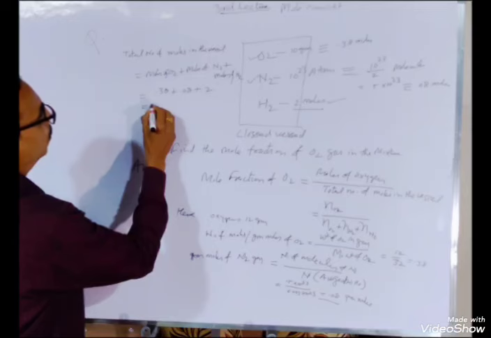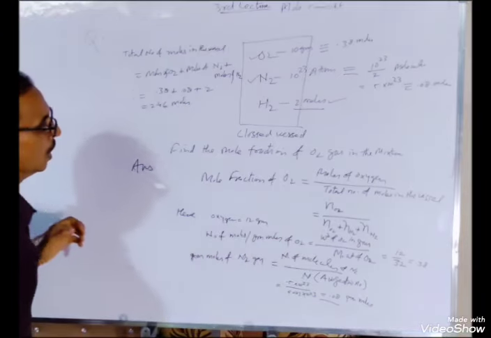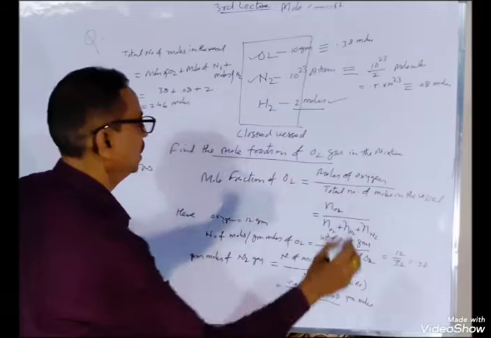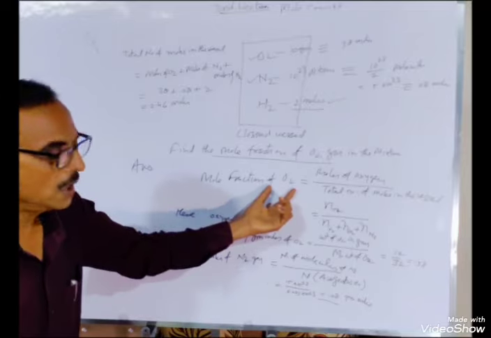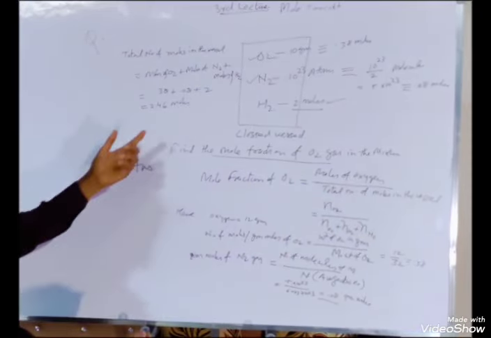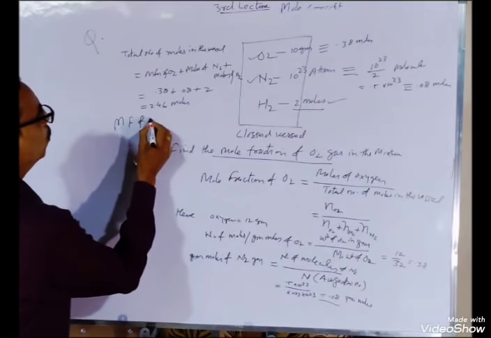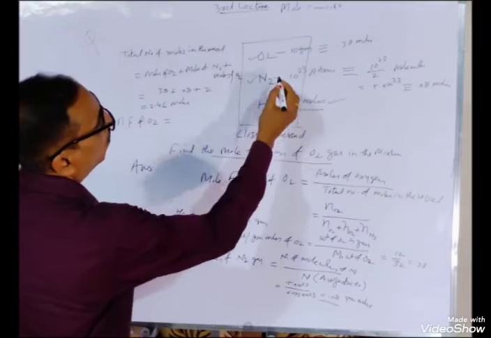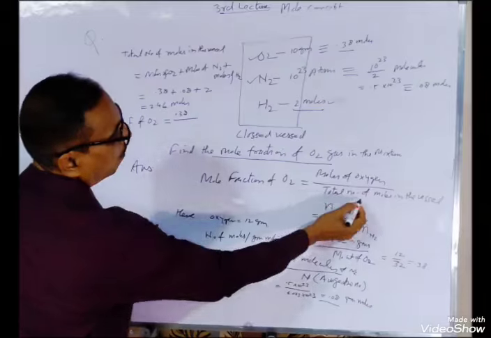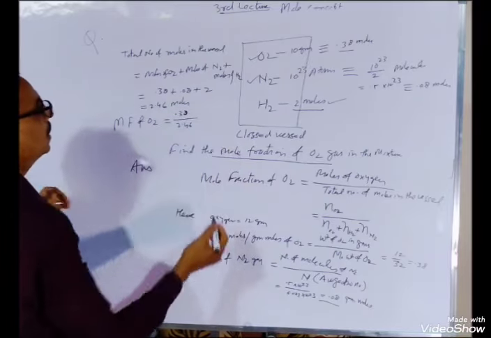This will come to 2.46 moles, total moles. Now you have to find the mole fraction of oxygen. Here the mole fraction of oxygen is moles of oxygen divided by total number of moles. So the moles of O2 is 0.38 divided by the total number of moles, that is 2.46. So this is the answer.